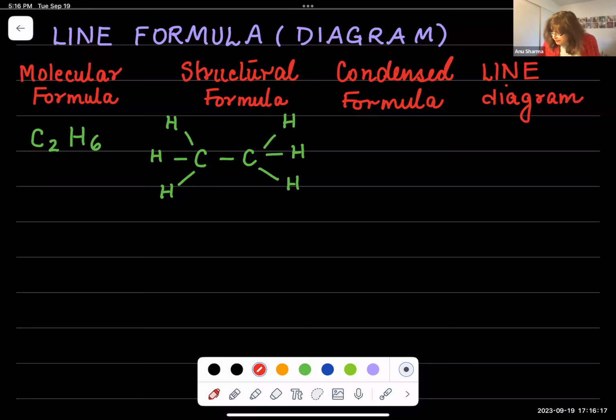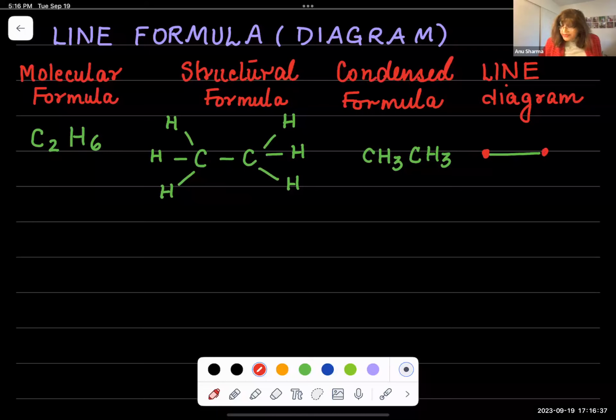Okay, so here we see, in this case, it is CH3 and CH3. This is the condensed formula. Okay, and the line is this. Now, this means this is one carbon and this is the other carbon. And the hydrogens are all shown by the dot.